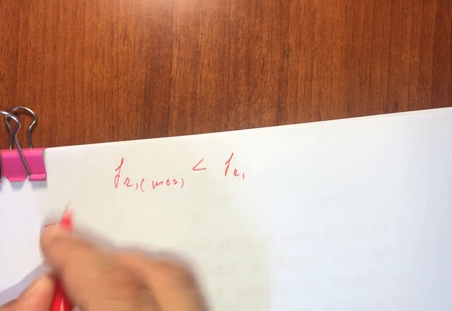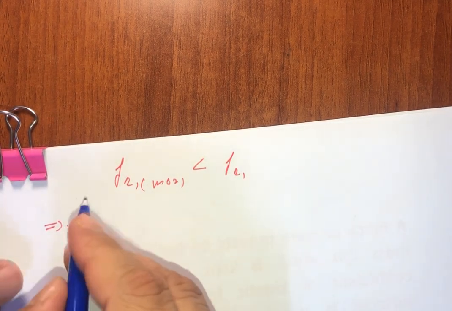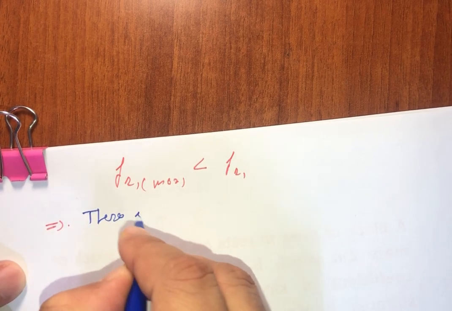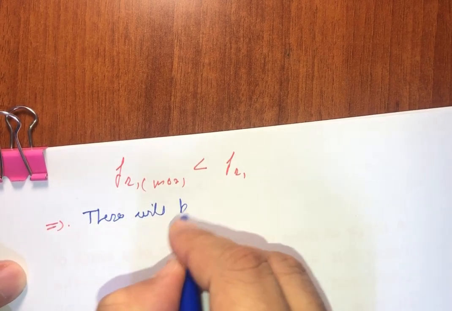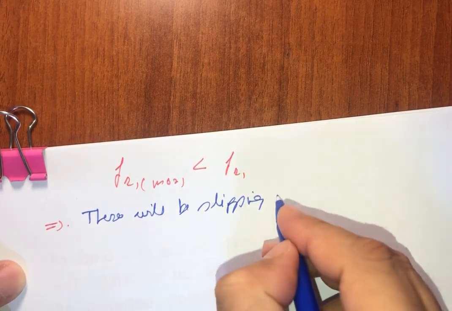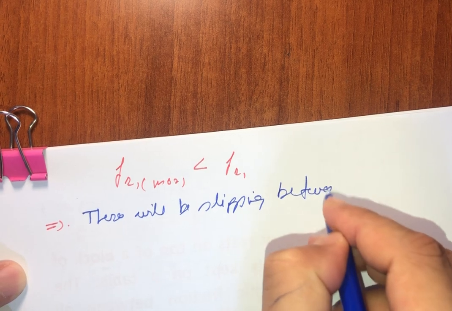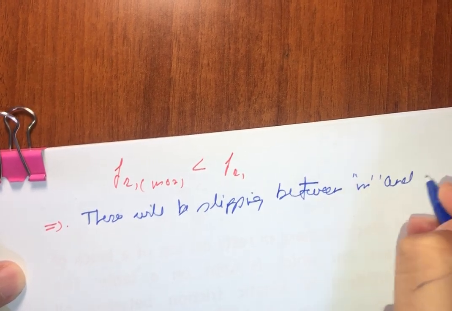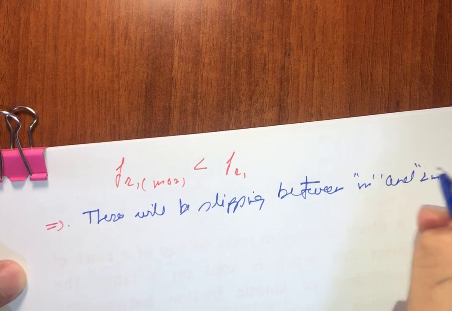So from here we can say that there will be slipping between m and 2m.